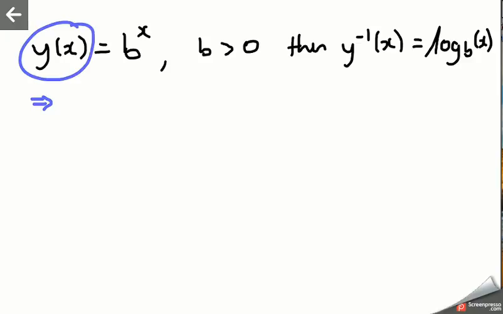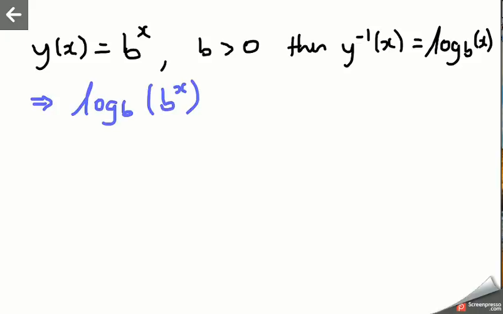So if we put y of x into the inverse function, the thing that comes out should be x again, because y inverse sends y of x back to x. So log to the base b of b to the power of x is equal to x, and that comes from putting y of x into y inverse of x.